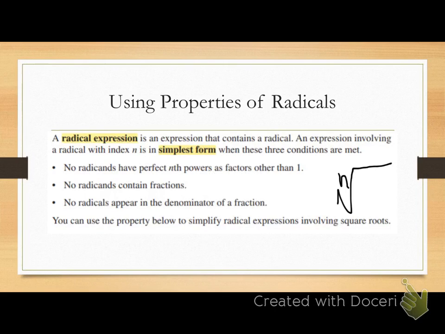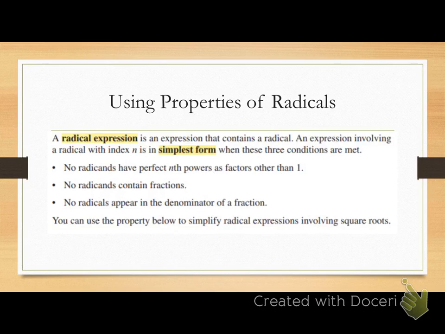If it's a square root, that number is understood to be a 2. If it's a cube root, that number is a 3. Fourth root, it's a 4, so on and so forth. It just tells us which root we're taking of our radicand. Our radicand is the number that is actually under the radical. So the n is the index, the x is the radicand.